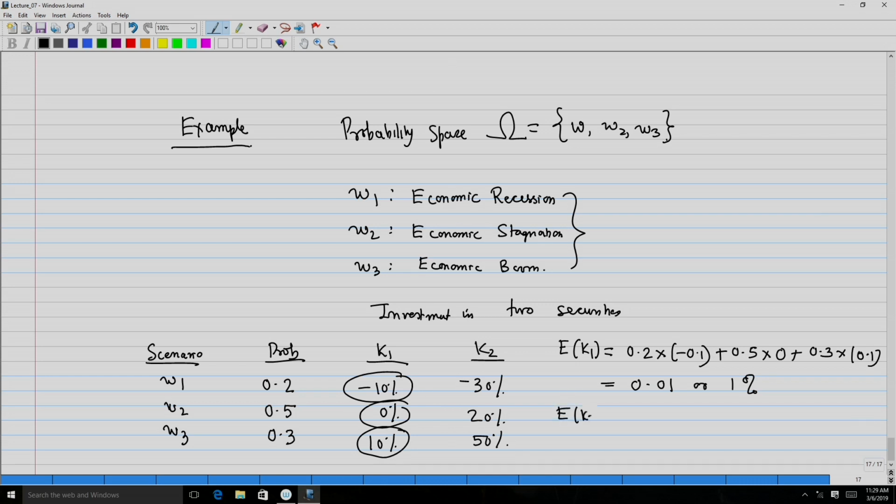Similarly, for E of K2, I get this as 0.2, 0.5, 0.3 multiplied by minus 0.3 for this 30%, multiplied by 0.2, and multiplied by 0.5 for the third case, and I sum them up to get 0.19 or 19%.